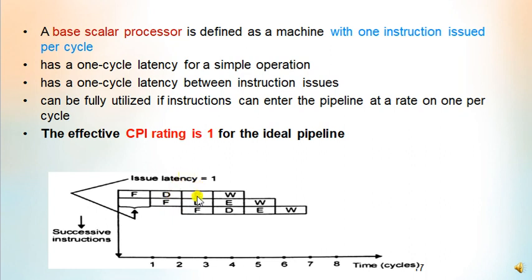At the same time, the second instruction go from fetching stage to the decode stage, and the next instruction at the same time start from fetching stage. So the issue latency is 1 here. So the effective CPI rating is 1 for ideal pipeline. This is example for the ideal pipeline.